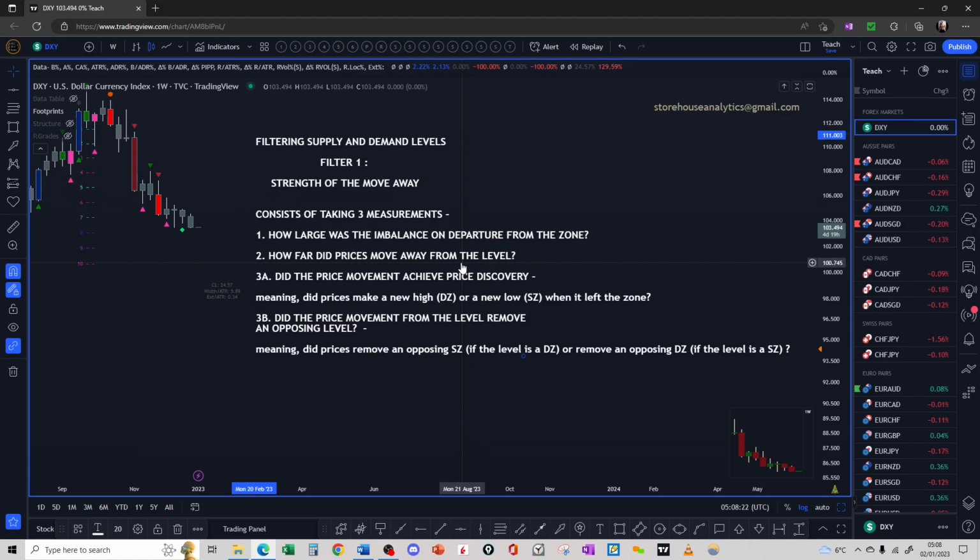Point number 2 is what we just discussed. How far did prices move away from the level? Most supply and demand traders want a minimum move of 2 to 1. Some traders apply an even higher filter and say they will only take trades of a 3 to 1 or a 4 to 1, and use that to determine their risk size, for example, as one of the inputs into how they determine their risk size.